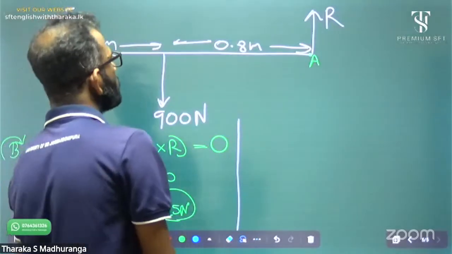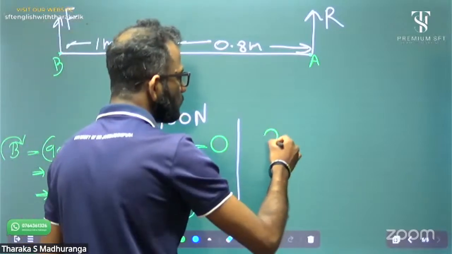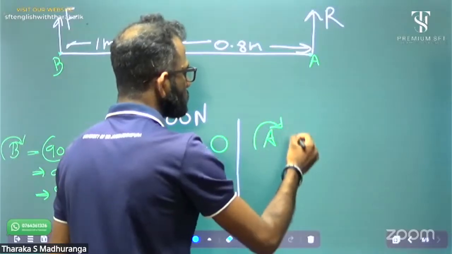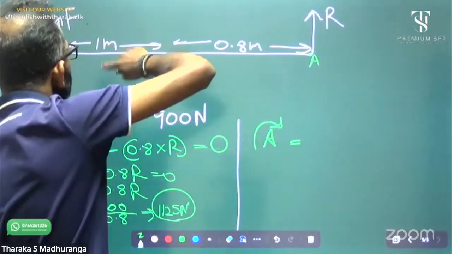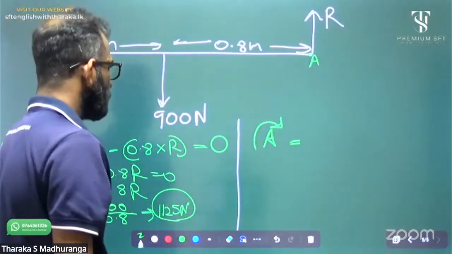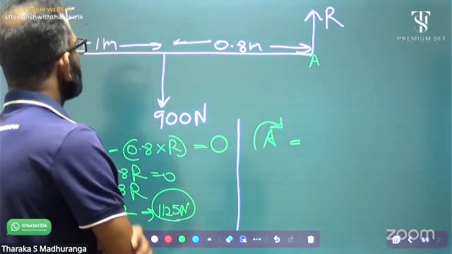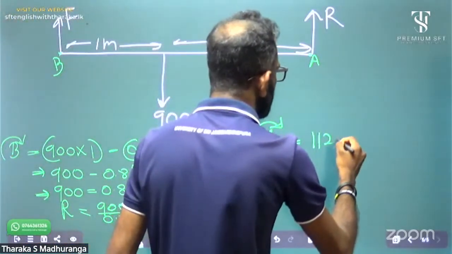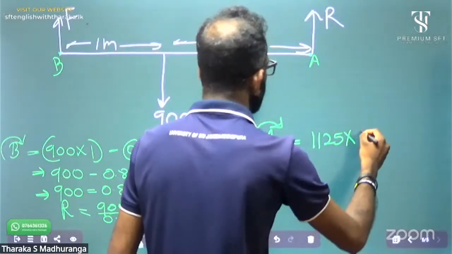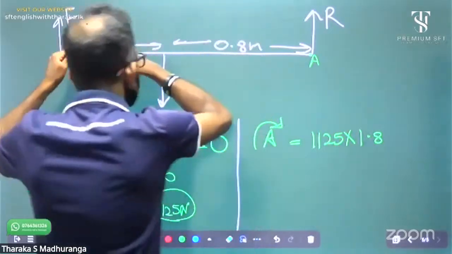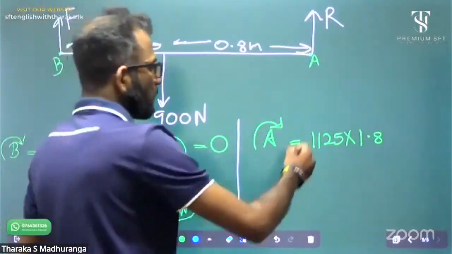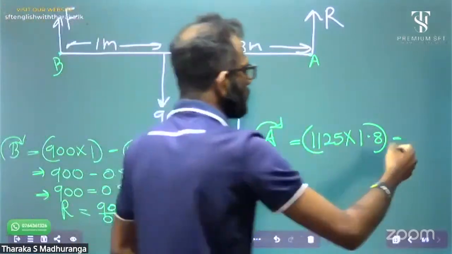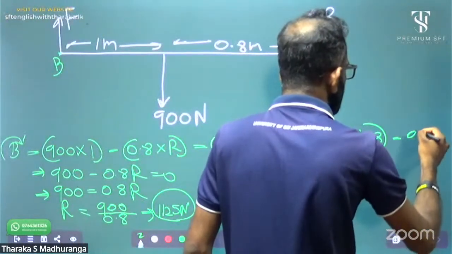How to calculate it: I take moments of force around point A. The value 1125 is clockwise, 1125 into 1.8, with distance 1.8. The anti-clockwise moment is 900 into 0.8.